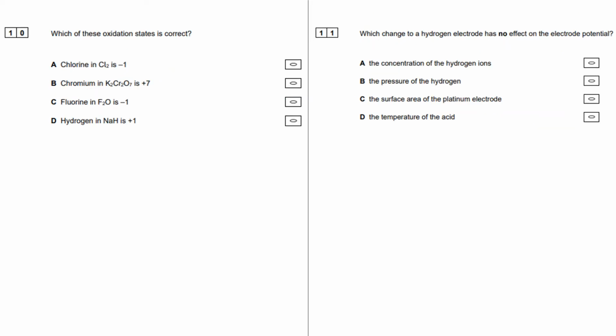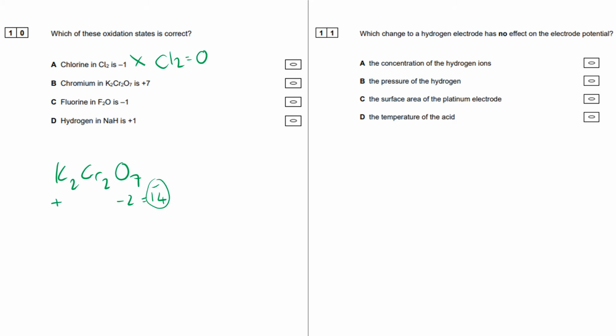Question number 10. Which of these oxidation states is correct? So when it says which of these answers, you have to go through all of them to make sure you've checked all of them. So in chlorine, which is an element, an uncombined element, the oxidation state is 0. In potassium dichromate, just write this below, K2Cr2O7, each oxygen is -2, so that gives us a -14.